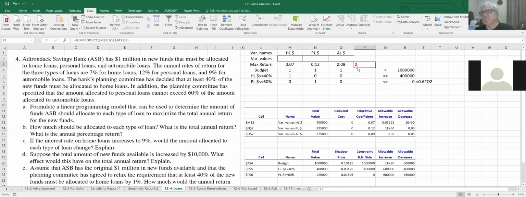And now click somewhere outside and you get 0. So what happened here? 0.07 times 0 plus 0.12 times 0 plus 0.09 times 0. This is what SUMPRODUCT did and gave you the result. Now you'll see why I pressed F4.